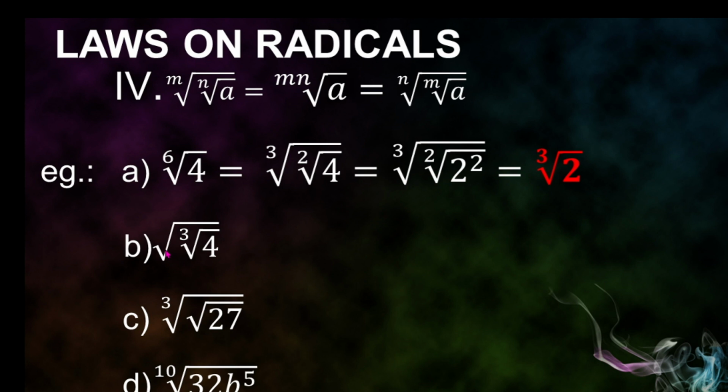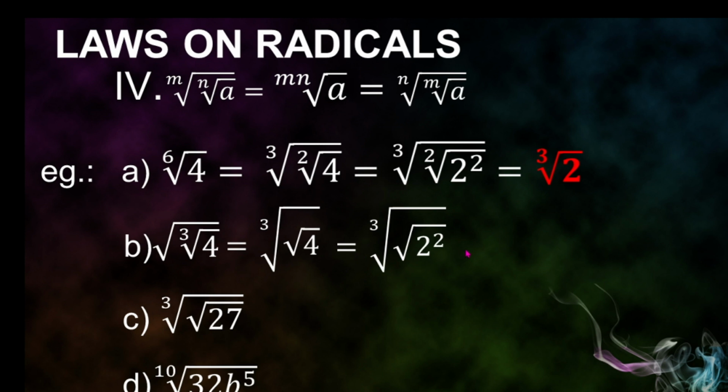Next is the square root of the cube root of 4. In this expression, we can interchange the indices of our radical expression. So we could have the cube root of the square root of 4. The square root of 4 is 2, therefore we have the cube root of 2.